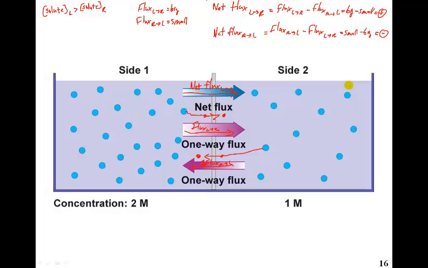You're just saying the same thing, defining it differently. Okay? And so here you see that a concentration difference from one chamber to the other generates transport. And that transport goes from high concentration to low concentration. The net flux will be in the direction of high to low.